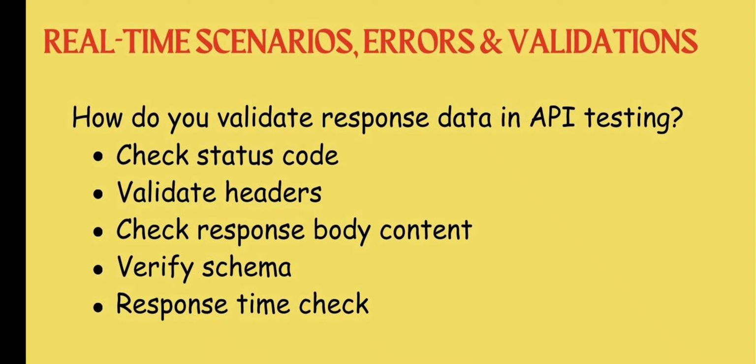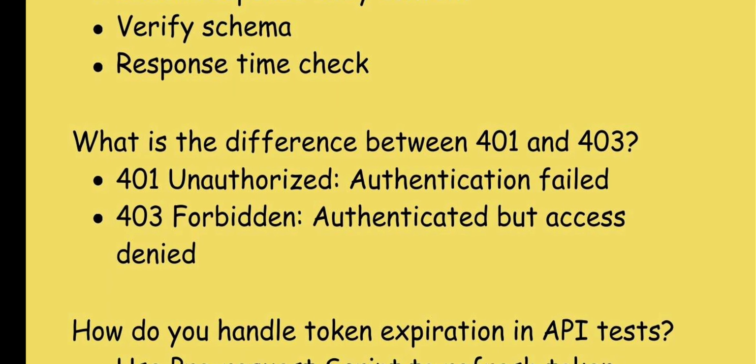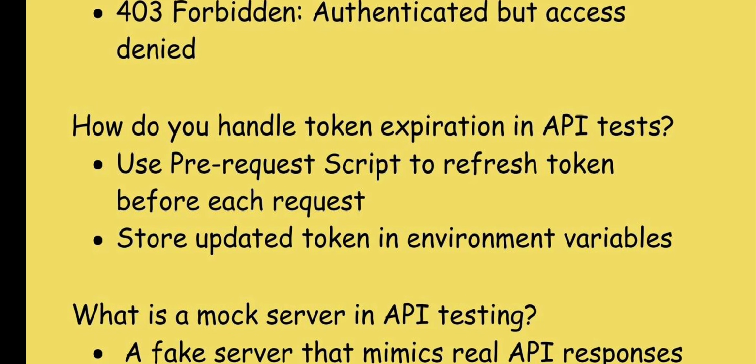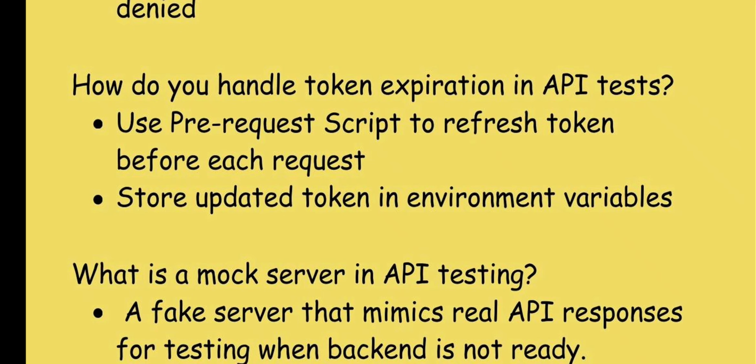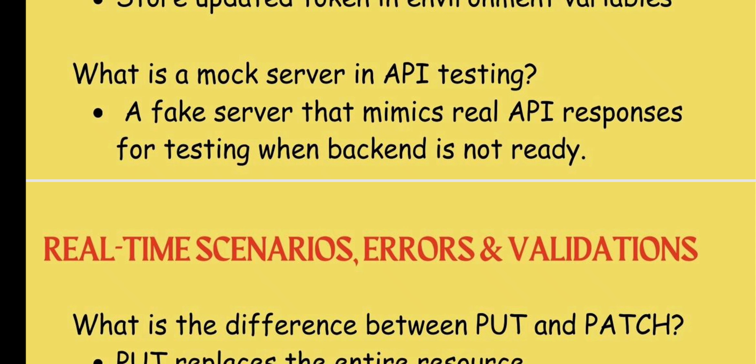How do you validate response data in API testing? What is the difference between 401 and 403? How do you handle token expiration in API tests? What is a mock server in API testing?